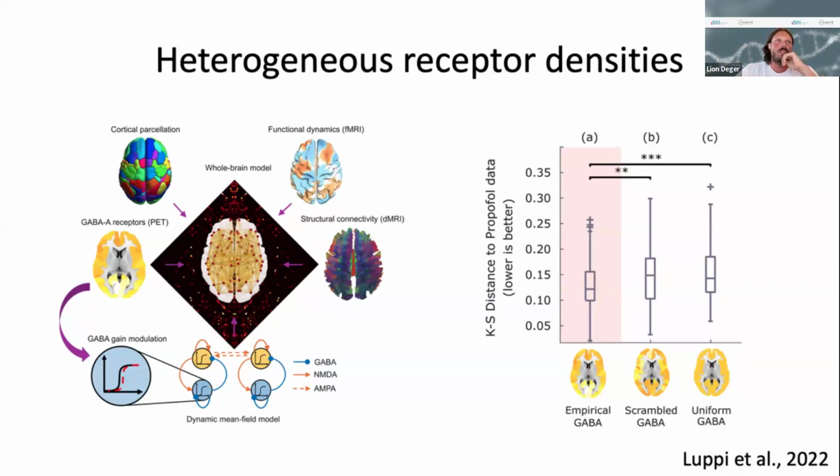And they found that this increase in detail, the heterogeneous inhibition of the cortex, improved their model and got them closer to reproducing the empirical data they compared it with.